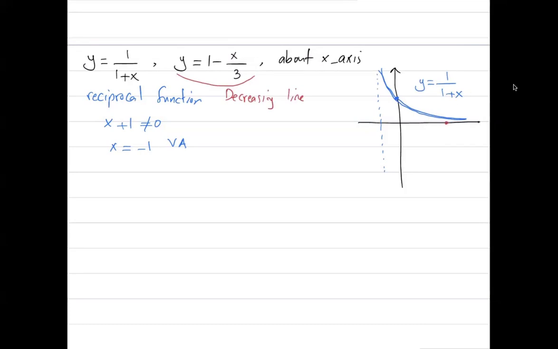If you plug in 0 for x, your y becomes 1. Roughly, let me just extend this a little bit. Roughly, this is the region that you're trying to rotate, which is the intersection between these two.